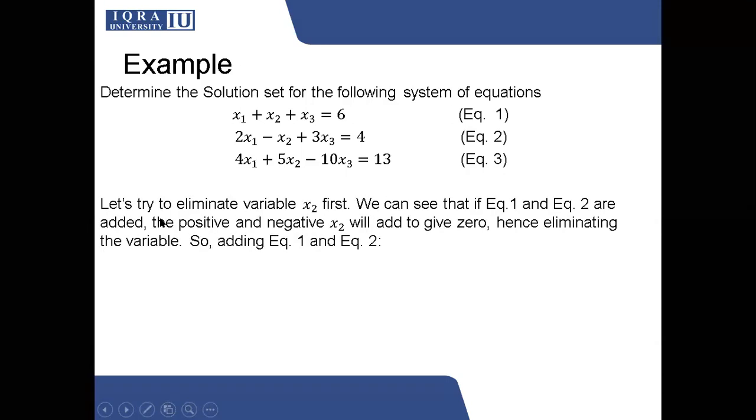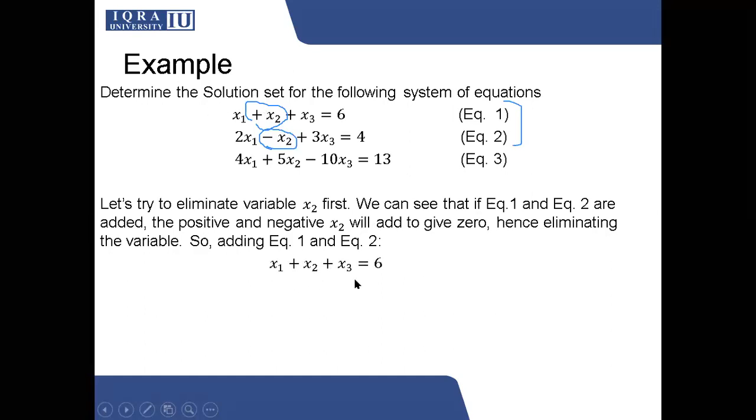So first of all, let's try to eliminate. We have to eliminate one variable in this system. Let's take equations 1 and 2, and let's try to eliminate variable x2 first. We can see that if equations 1 and 2 are added, the positive and negative x2 will add to give 0. So I'll be adding equations 1 and 2, hence eliminating the variable.